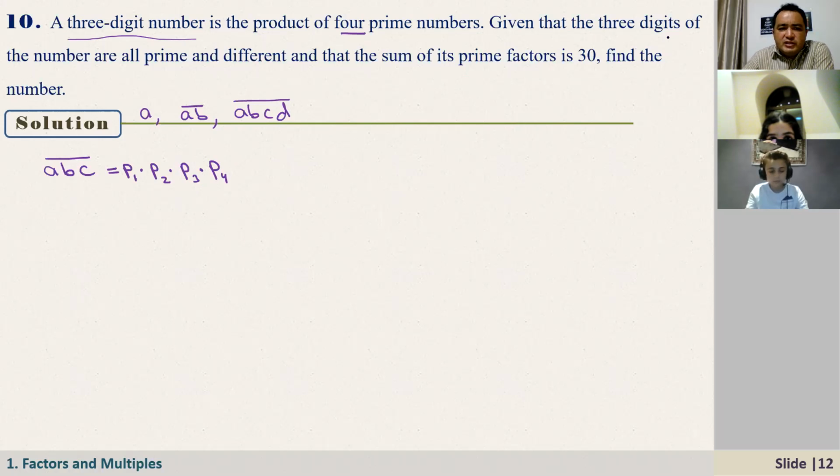Given that the three digits of the number are all prime, that means that also A, B, C are prime, and all different. And the sum of its prime factors is 30. Find the number.